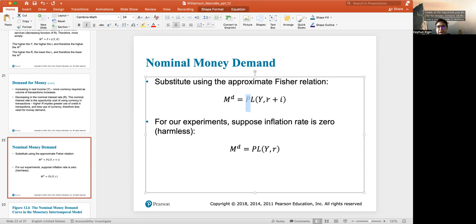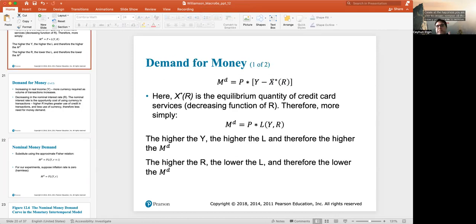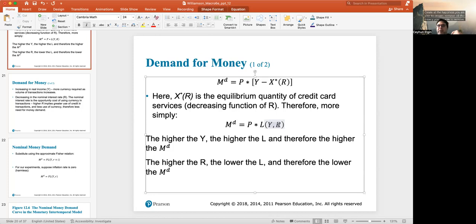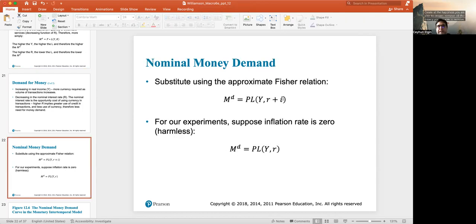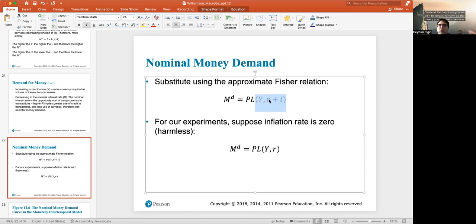And also it's a function of lowercase r plus pi, or it was capital R here, but capital R we already know from the Fisher equation is roughly equal to lowercase r plus pi. Therefore, we just replace it by it. And therefore, we make it a function of lowercase r plus pi, which is real interest rate plus inflation.